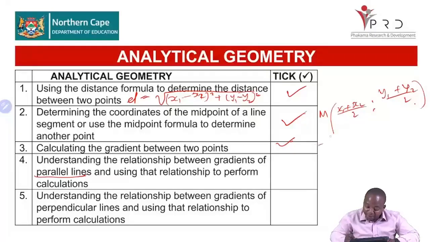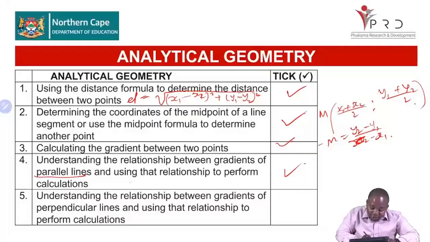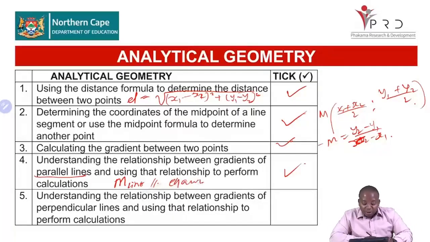Then the gradient, remember, the gradient is going to be y2 minus y1 over x2 minus x1. Right. Then when we talk about the relationship between the gradients of parallel lines, we are saying the gradient is the same. So the gradients of lines that are parallel are equal.